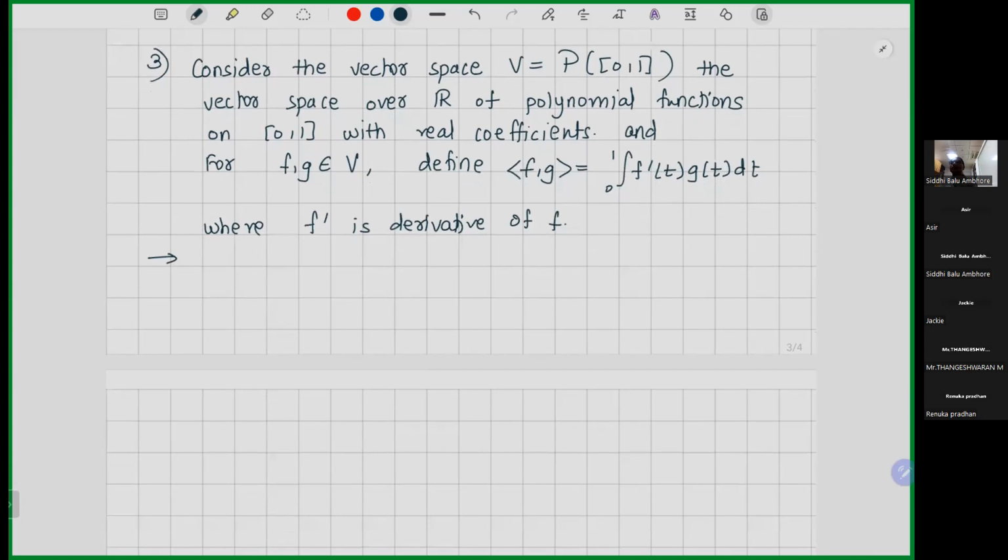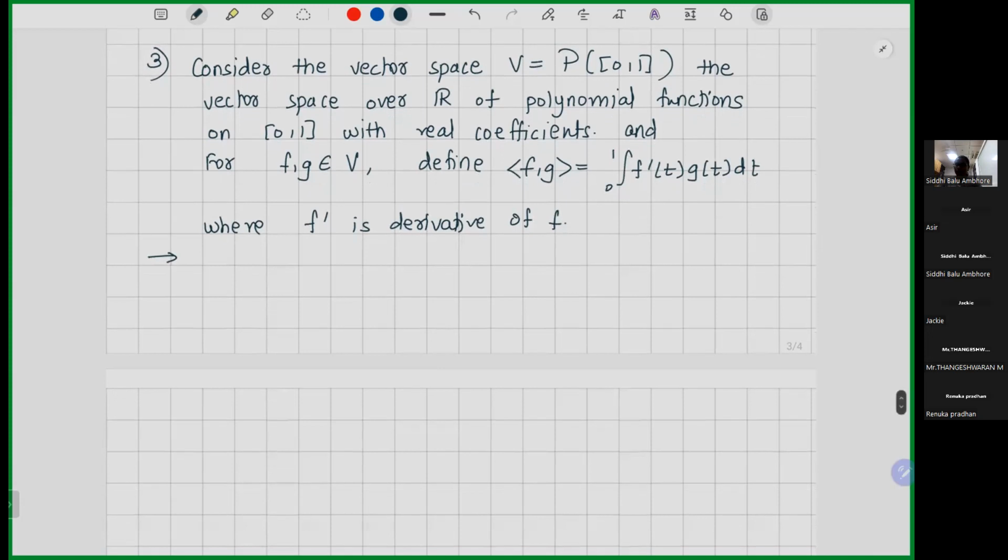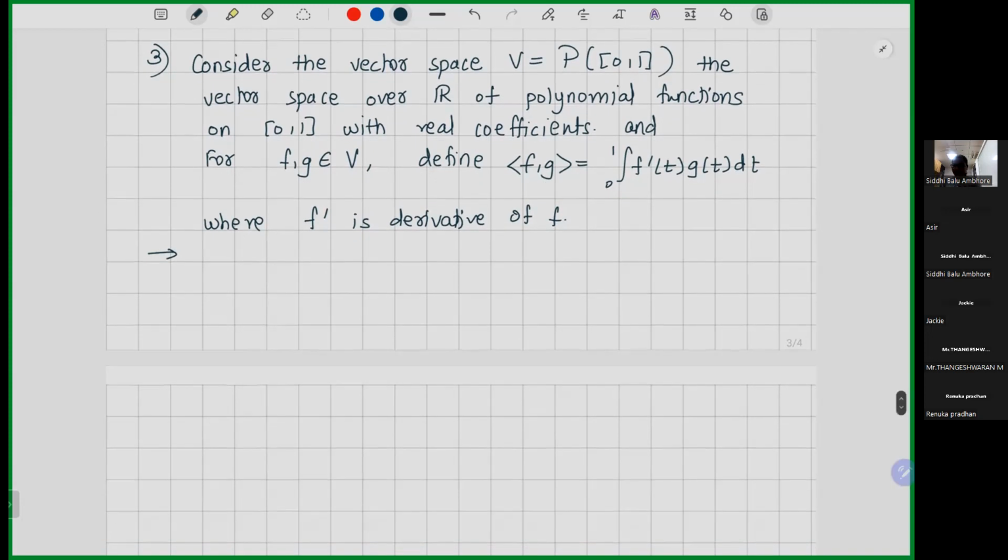(f, g) goes to the integral of f'(t) into g(t), not g', only g(t). They are integrating f'(t) and g(t) over 0 to 1. Any guesses whether this will be an inner product space?